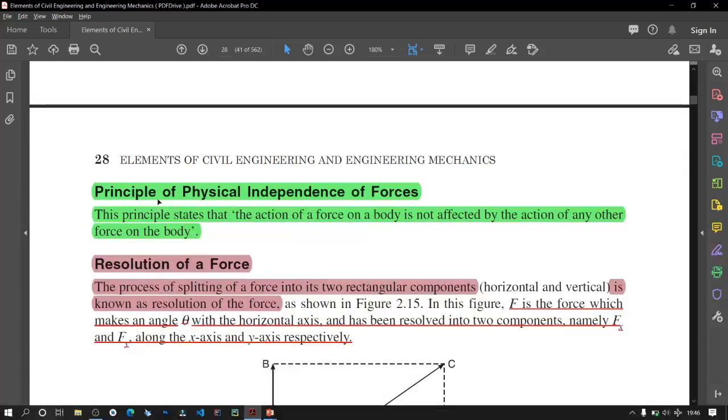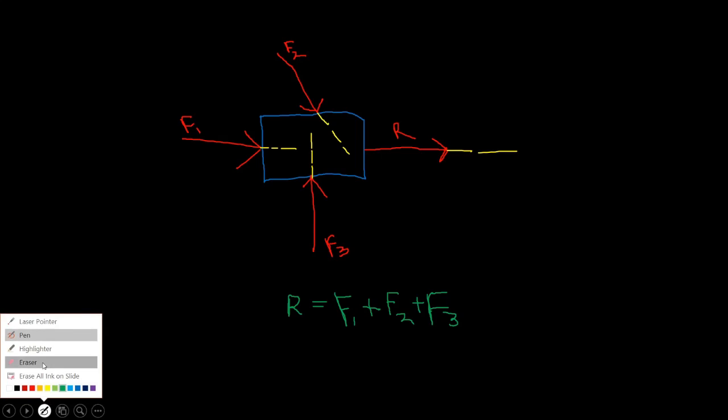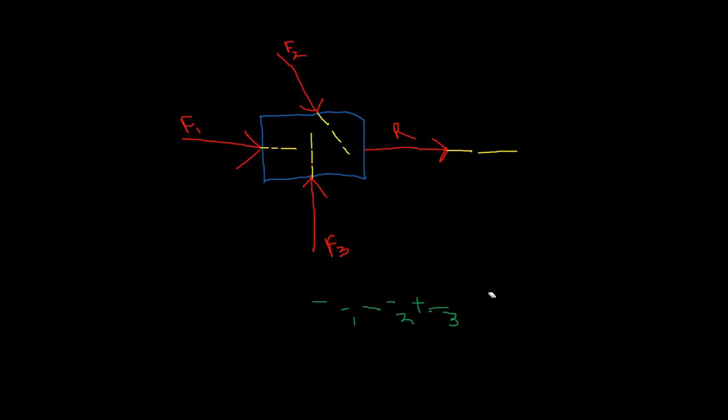Now the principle of physical independence of forces. This principle states that the action of a force on a body is not affected by the action of any other forces on the body. For this, just this diagram can be used.